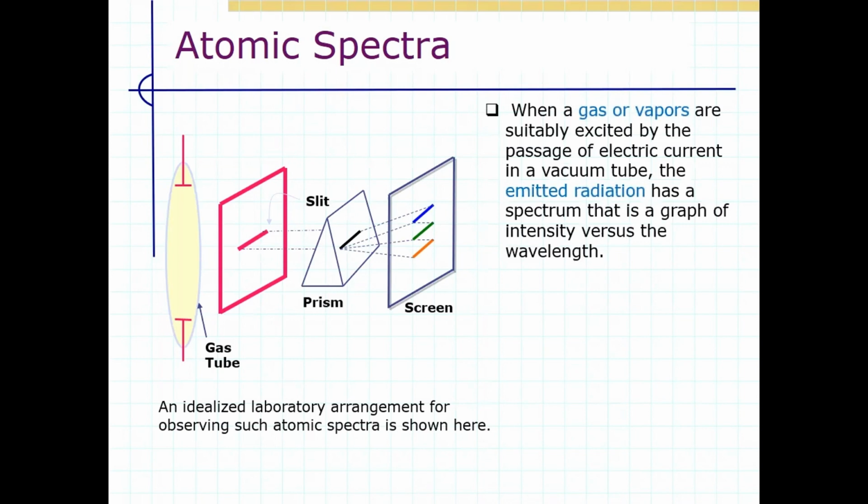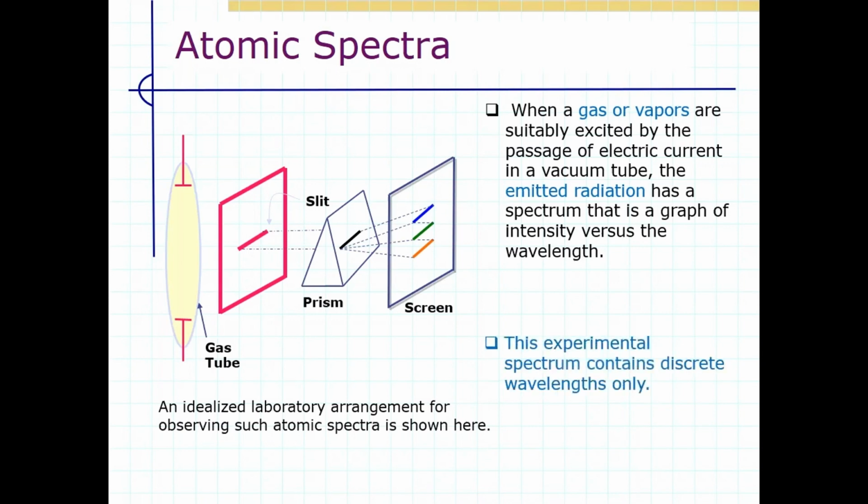So the spectrum is a graph in which on the y-axis there is intensity, and on the x-axis there is wavelength, and we have very bright and very dim light lines, and that is an indicator of the intensity, and the line itself is telling us about the wavelength.